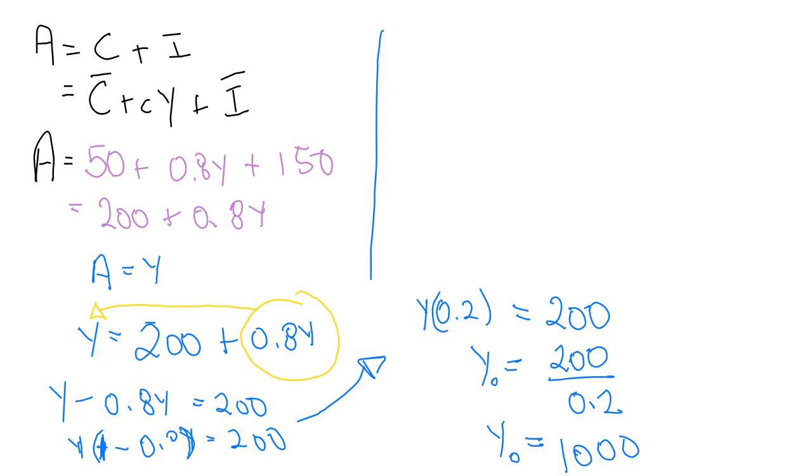To answer your question, Defense, remember that the equation that I have here is Y(1 minus 0.8) equals 200.